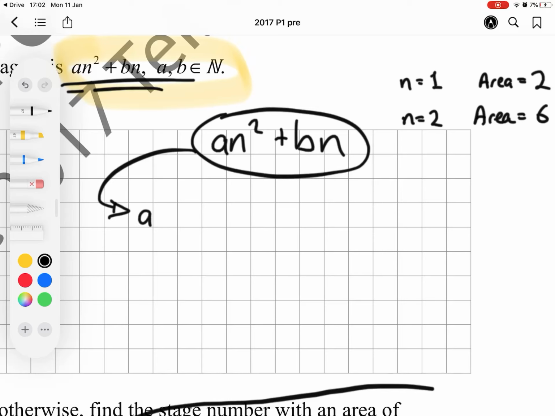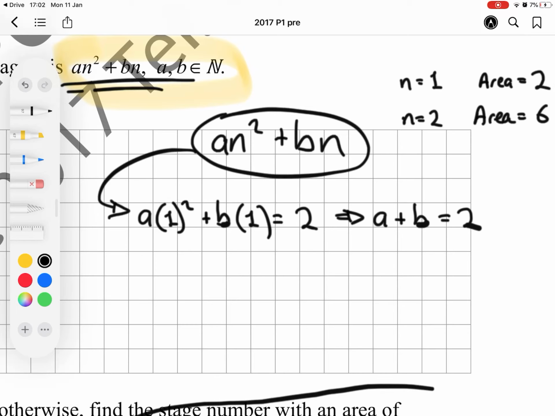So it'll be a times 1 squared plus b times 1 is equal to 2. 1 squared is 1, so a plus b times 1, which is just b, is equal to 2.